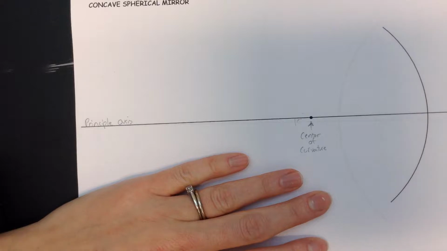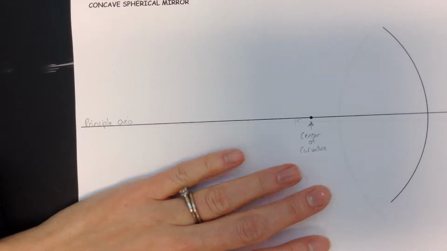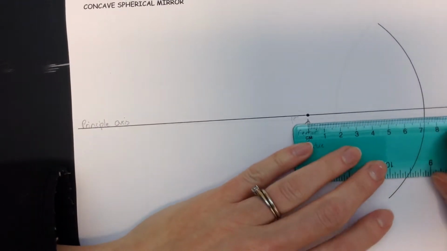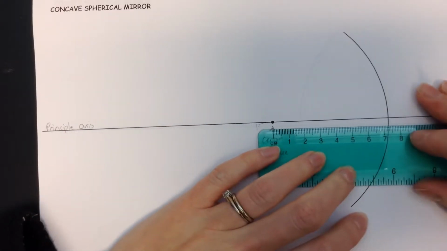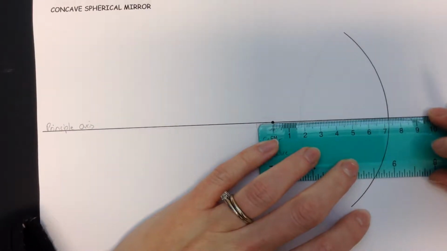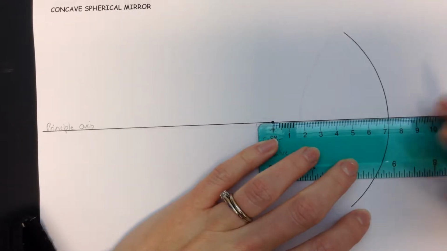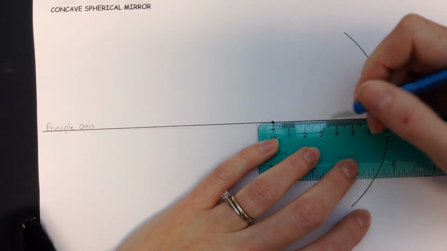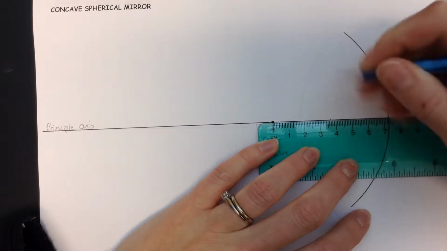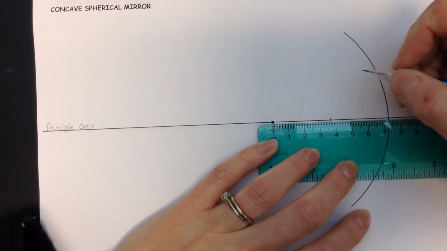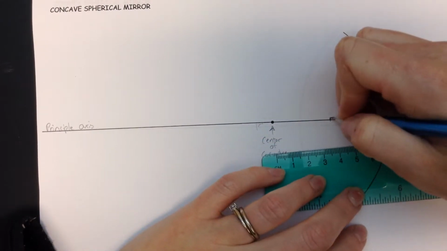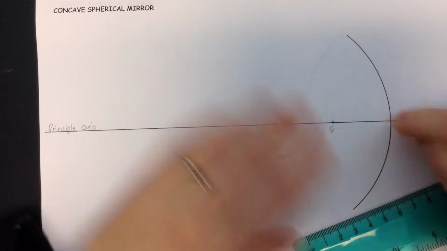Okay, there is also a focal point, which happens to be half the distance between the center of curvature and the mirror, and this one looks like it's 7.123, so that would be 2.5, 3.5, so that's like here. At about 3.6 or 3.65-ish centimeters, that is the focal point.